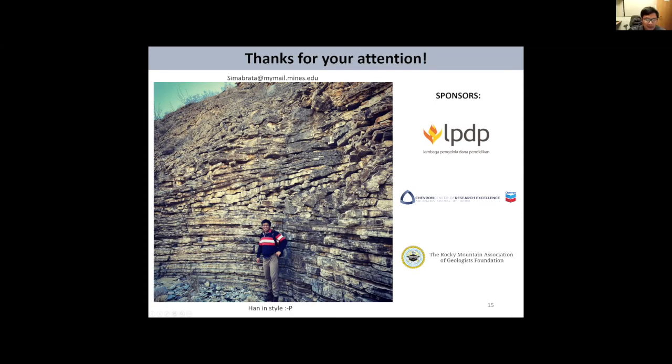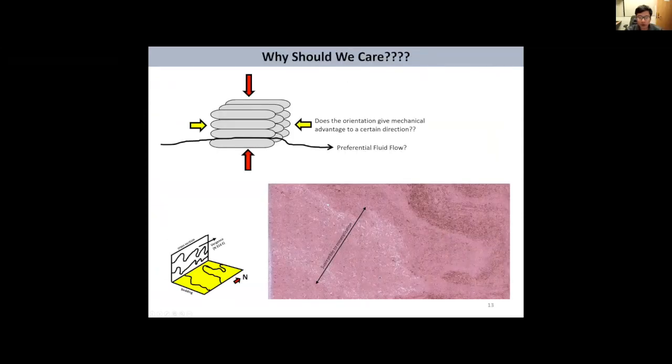Yeah, that's an interesting question. So in this big thin section, we can see that the white patches, which are mostly dolomite, and some of them silica, go in the orientation of northwest to southeast, which is kind of the same as the orientation of the spicule grains and the microstructures.